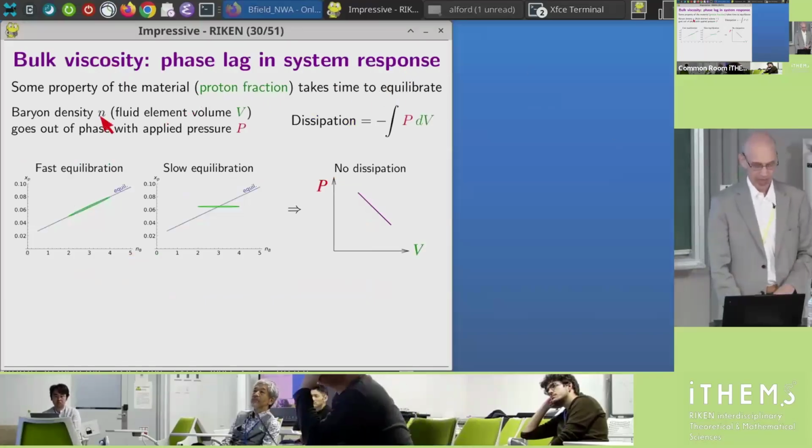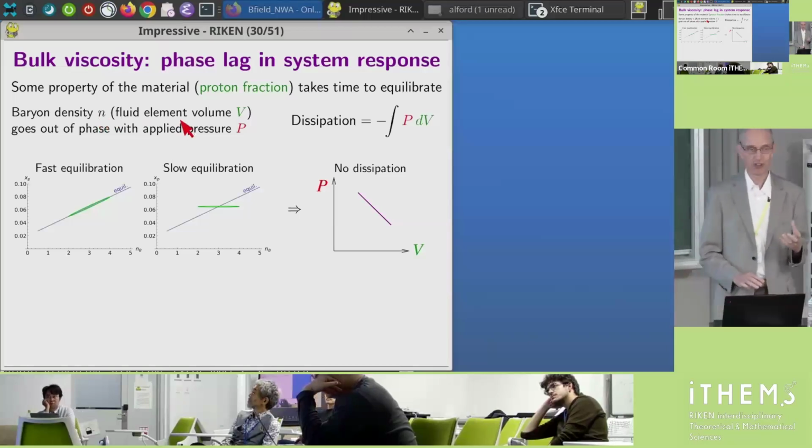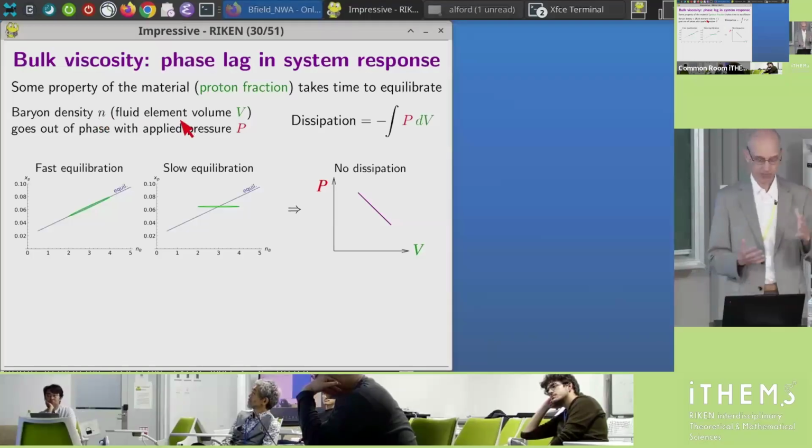And so what happens is if you've got a density oscillation, then, okay, the density is oscillating, and that means conversely, you can think of a fluid element with a fixed number of baryons in, and its volume is oscillating. Those are the same thing. And the oscillation of, in this case, the volume of the fluid element becomes out of phase with the applied pressure.